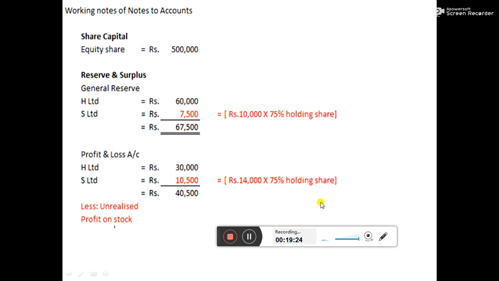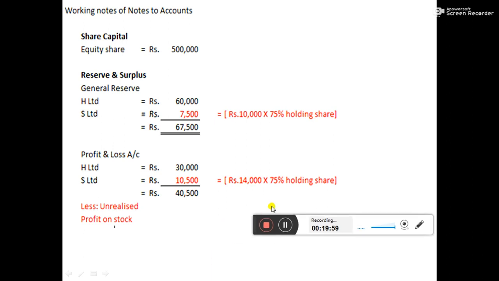In the problem it is mentioned that H Limited has sold goods of 10,000 to S Limited at a profit of 20%, and 50% of the stock of this 10,000 was remaining unsold. So whenever unsold stock is remaining in the godown, whatever profit is there on that unsold goods needs to be adjusted. We have seen the same type of adjustment in the previous problem.